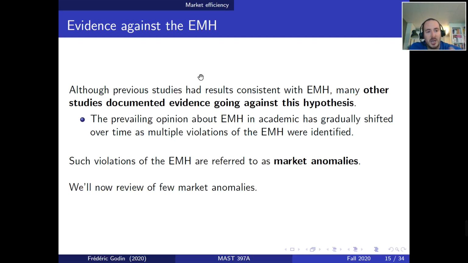So this shed some doubt about the validity of the hypothesis under certain circumstances. The violations of the efficient market hypothesis that were identified are referred to as market anomalies. So next, we will review a few of the market anomalies that were identified.